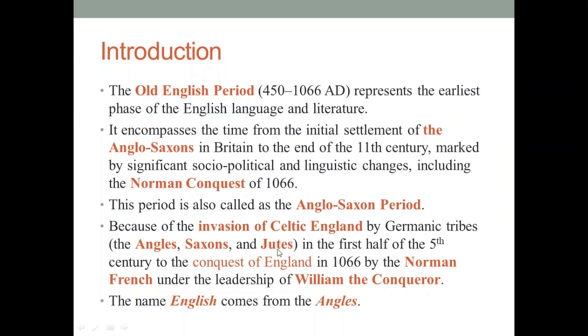These tribes came and captured England in the first half of the 5th century. From there to the conquest of England in 1066 by the Norman French, the French people, under the leadership of William the Conqueror, came and invaded England in 1066.